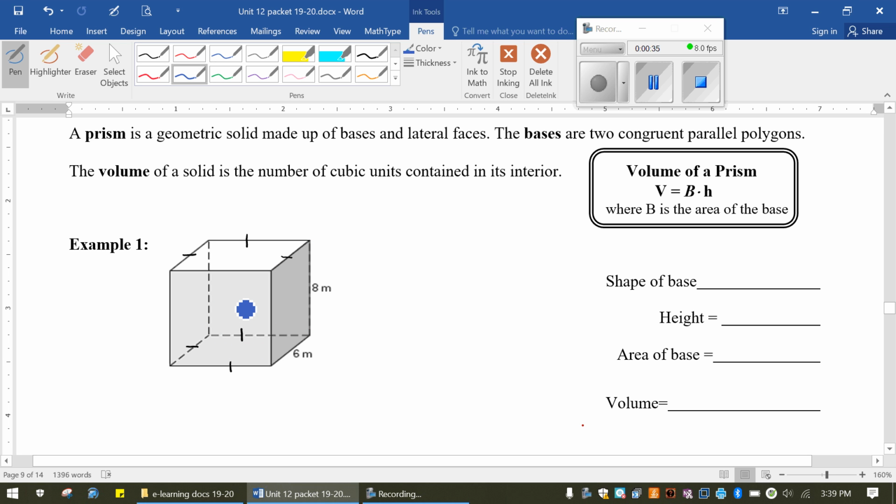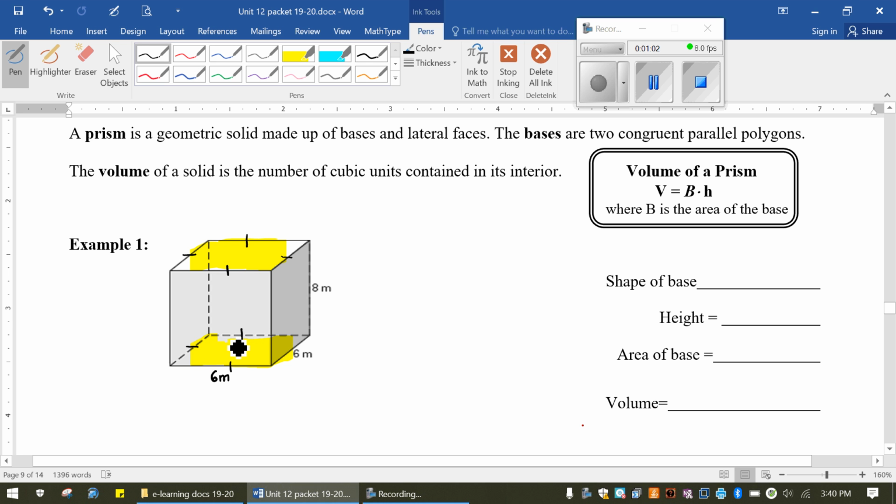All right, just to show you on this diagram what this definition means, the bases here are the squares on the bottom and on the top. I can see that these are squares because of these congruent tick marks. I've got a measurement here of 6, which means all of the sides of the base are 6.